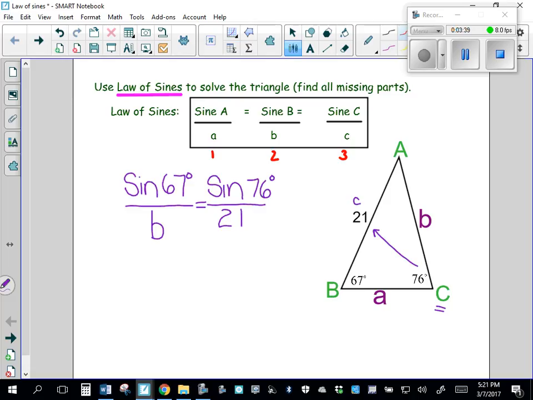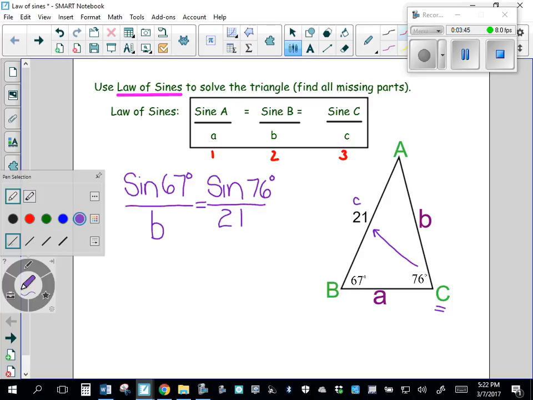And then, since I'm looking for B, that's what I need to find, I multiply the two numbers on the diagonal.